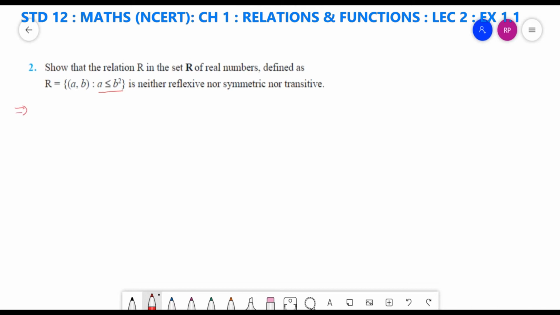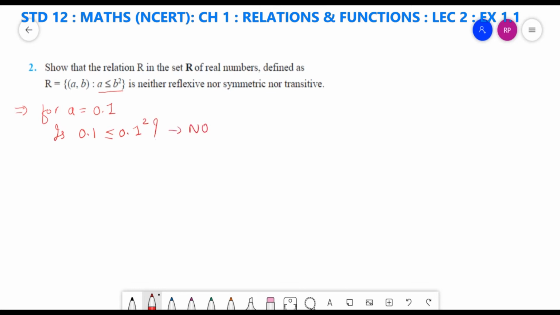Now see, if we take (1, 1), then 1 will always be less than or equal to 1 square. It will be equal to 1, so it will satisfy. Similarly, for a negative number, if I take minus 1, then minus 1 is less than or equal to minus 1 square, which is always positive. Now if I take any number between 0 and 1, let's take a equal to 0.1. Is 0.1 less than or equal to 0.1 square?